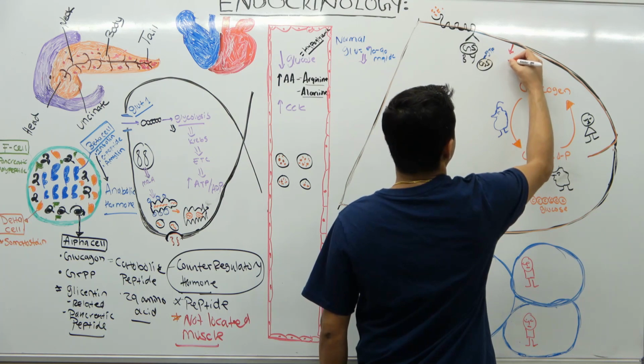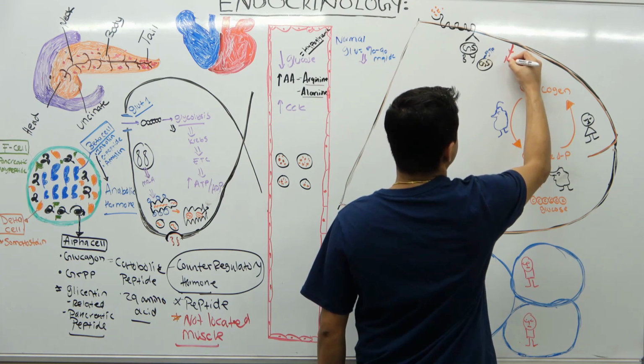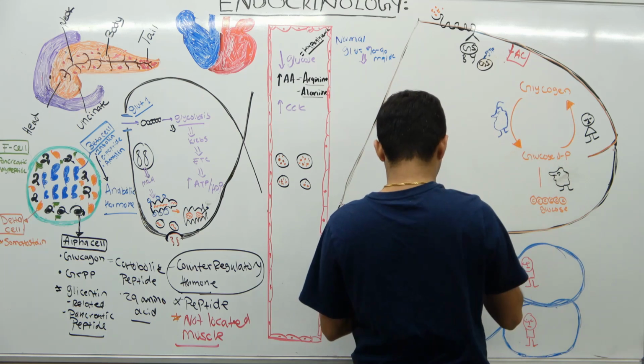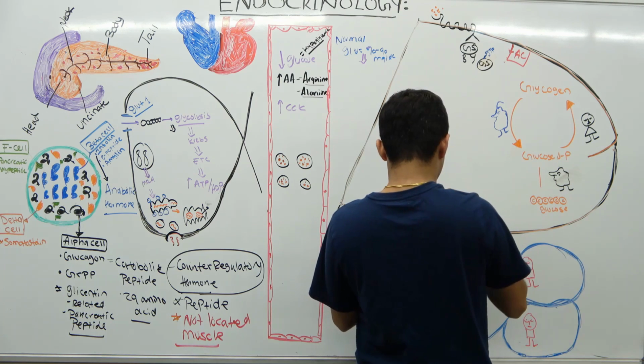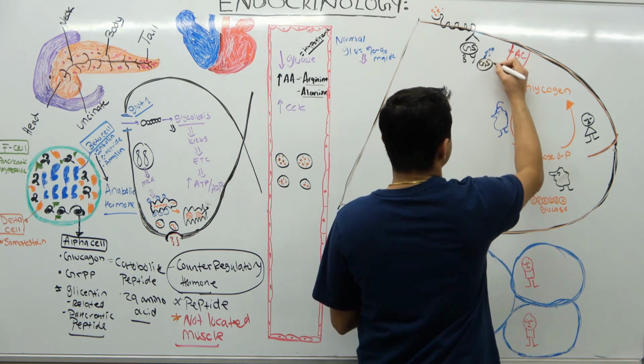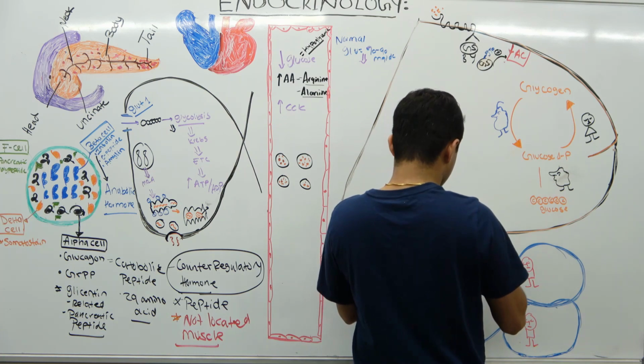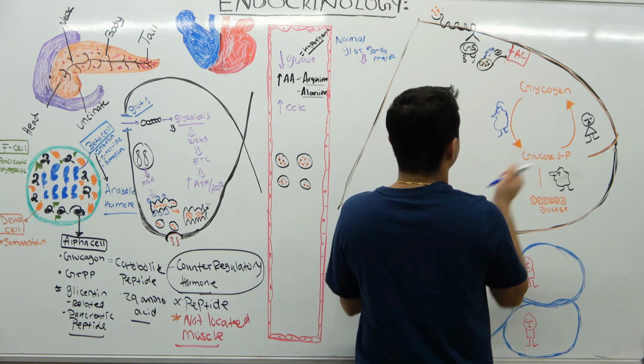What is this? Let's just make this adenylyl cyclase, right? The GS is going to stimulate the domain of the adenylyl cyclase. And then this adenylyl cyclase will do what? You guys remember this by now, right?